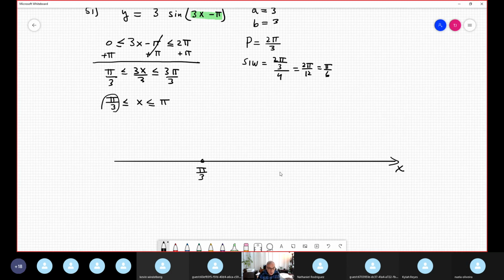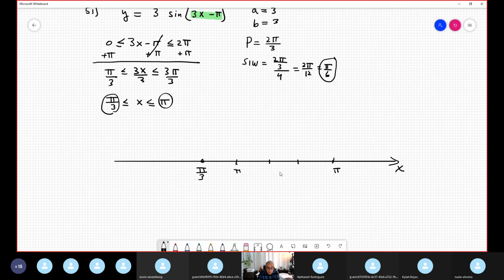Because this guy ending in pi is this guy. And we have 4 intermediate points. How do you find them? You add pi over 3 plus pi over 6. Each step is pi over 6, pi over 6, pi over 6, and you keep adding. So the second point is pi over 3 plus pi over 6, which is pi over 2.